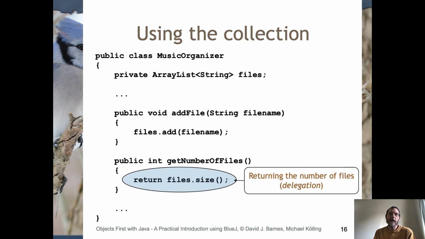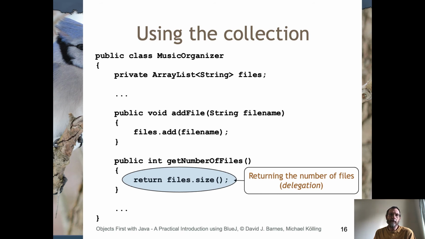In other words, how many strings are you storing? And the result returned by the call to the size method of the ArrayList is then directly returned as the result of getNumberOfFiles. And this is a very common pattern that you'll see where one object makes use of another object in order to provide its functionality, and there's no need to store a separate count in the music organizer object itself.